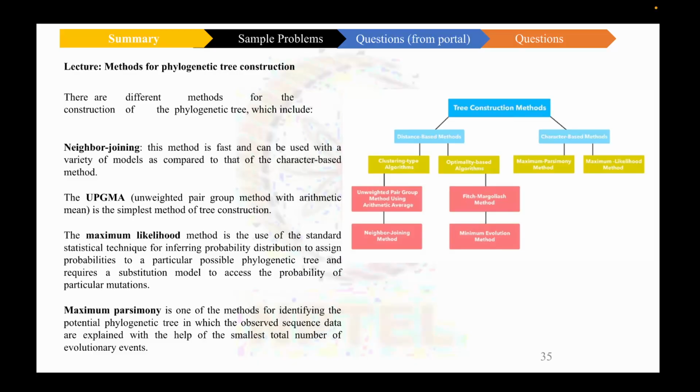Then we have maximum parsimony, which is a method that seeks to find the tree that requires the fewest evolutionary changes, or the simplest explanation, to explain the observed data. This method constructs a tree that minimizes the total number of evolutionary events. These evolutionary events represent the substitutions, mutations, or indels that happen in a sequence.